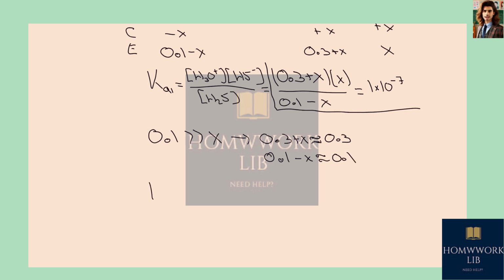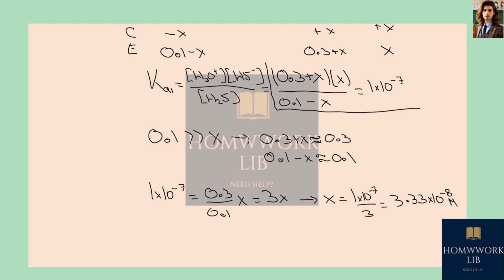So my expression now becomes 1 times 10 to the minus 7 equal to 0.3 divided by 0.1 times x. 0.3 divided by 0.1 is 3. So this implies that x is 1 times 10 to the minus 7 divided by 3, giving us 3.33 times 10 to the minus 8 molar.